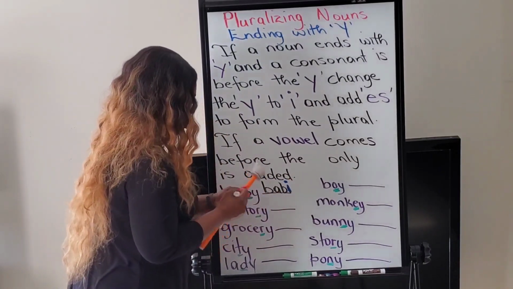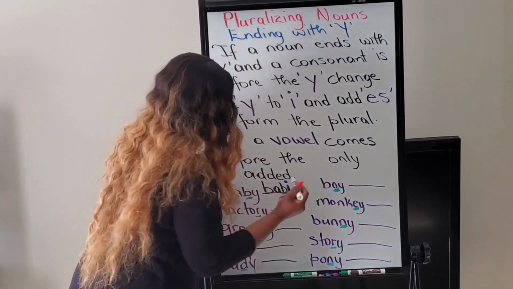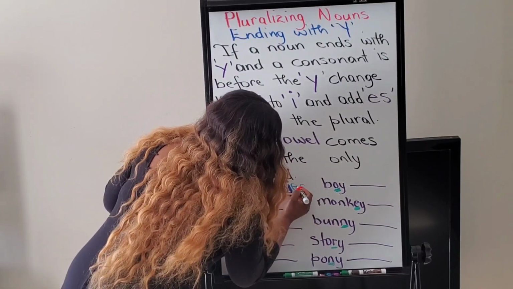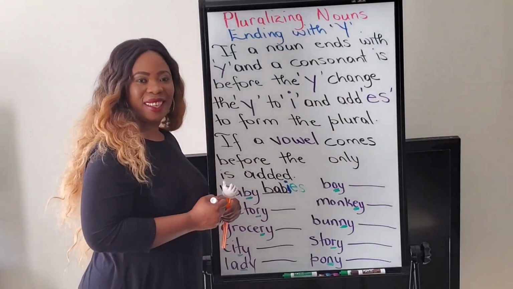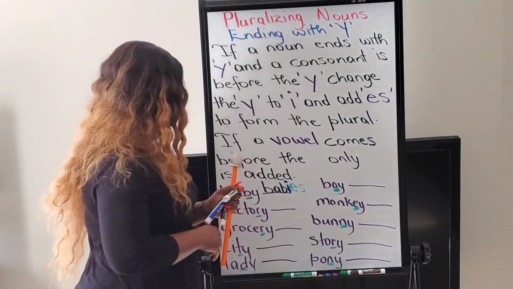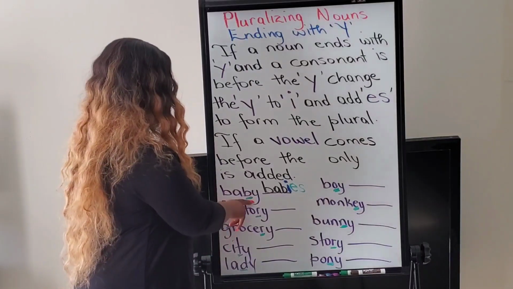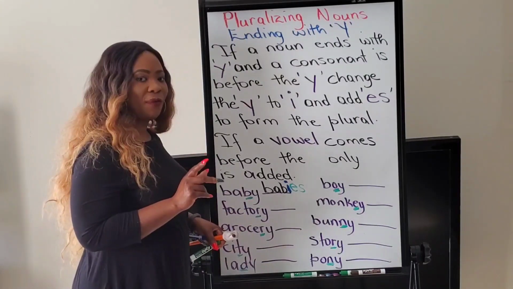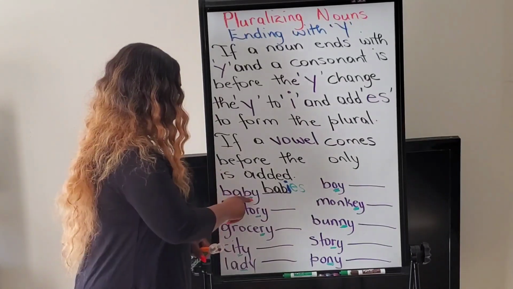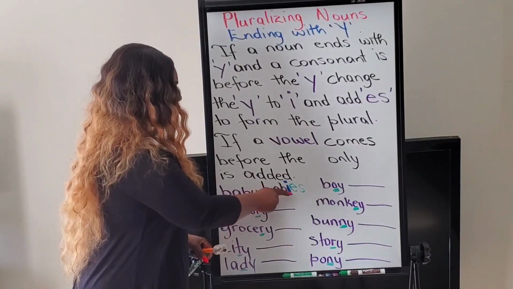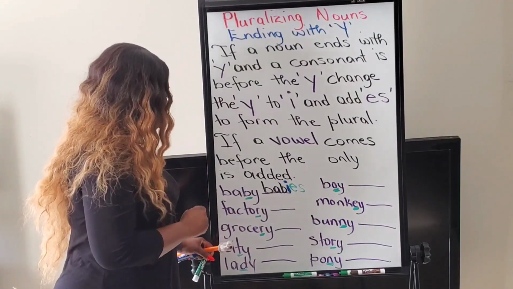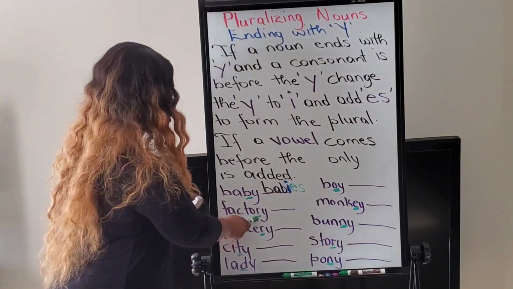And then you will add es. Beautiful. See the magic? Oh yes, you saw that. So because there's a consonant before the y, you change the y to I and you add the es. Beautiful job.